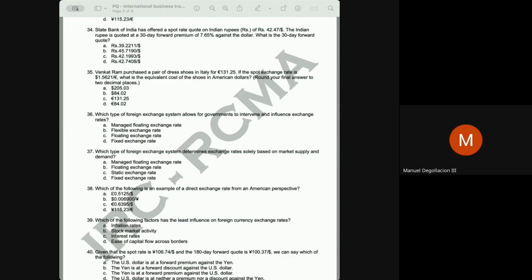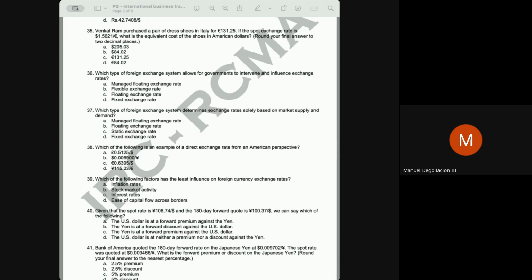In managed floating, governments can intervene in markets when there's a need, but generally, market forces dictate the foreign currency exchange rates.